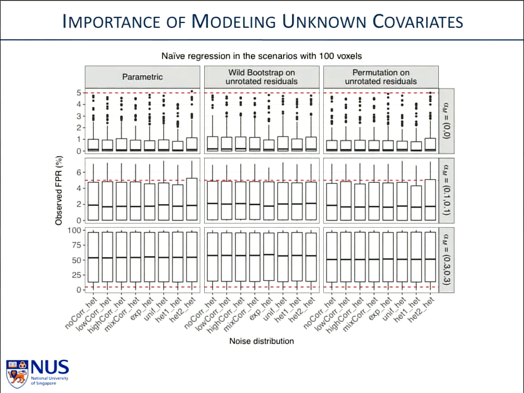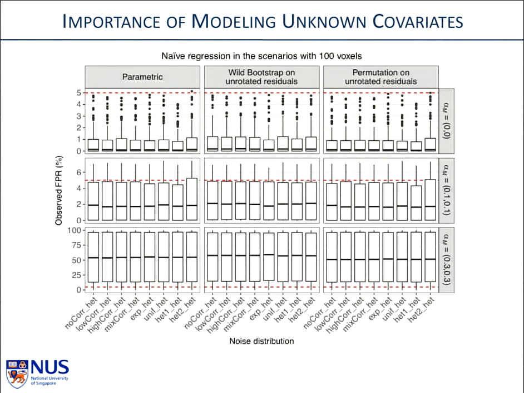First, let me show, if you don't model the missing covariates, how much power you lose. If the missing confounding factors have no relationship with our variable of interest, as shown in the first row down here, you're probably still okay without modeling.